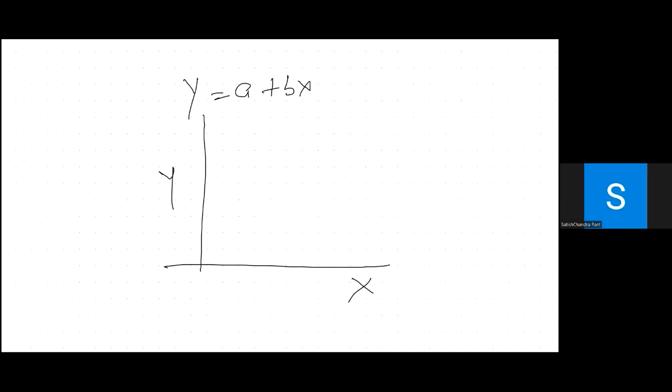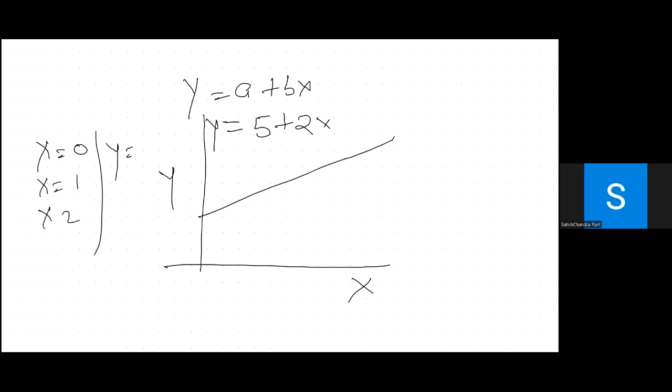We are not having a straight line like this, right? This straight line depicts, suppose the equation is 5 plus 2x. As and when you change the value of x, you will get the value of y. Constant 5, then 7, then 9, right?